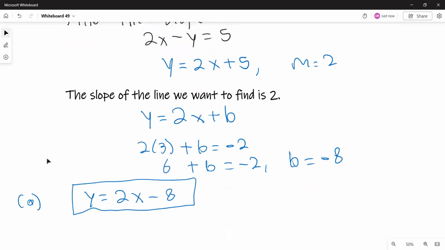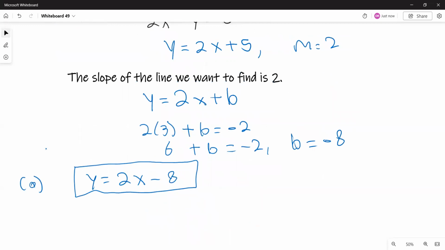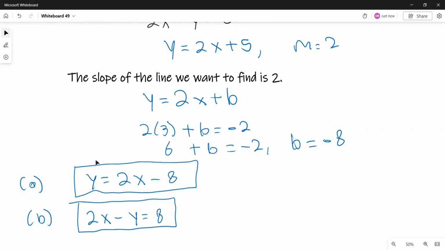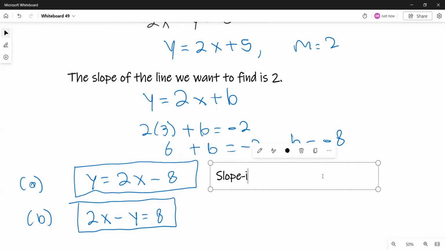Or 2x minus y equals 8. That's the equation in standard form. The first one is the slope-intercept form, and the second one is the standard form.